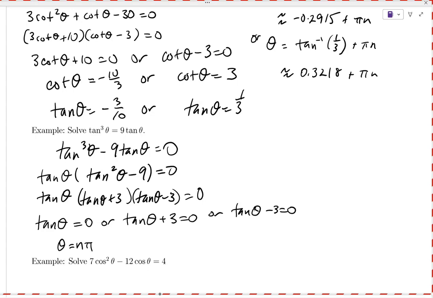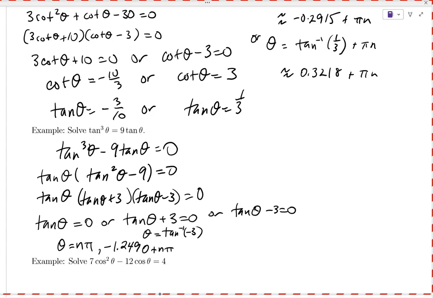The next one we would need to subtract the 3 and take the inverse tangent, right? So we'd have inverse tangent of -3. What do you get when you do inverse tangent of -3? Okay.